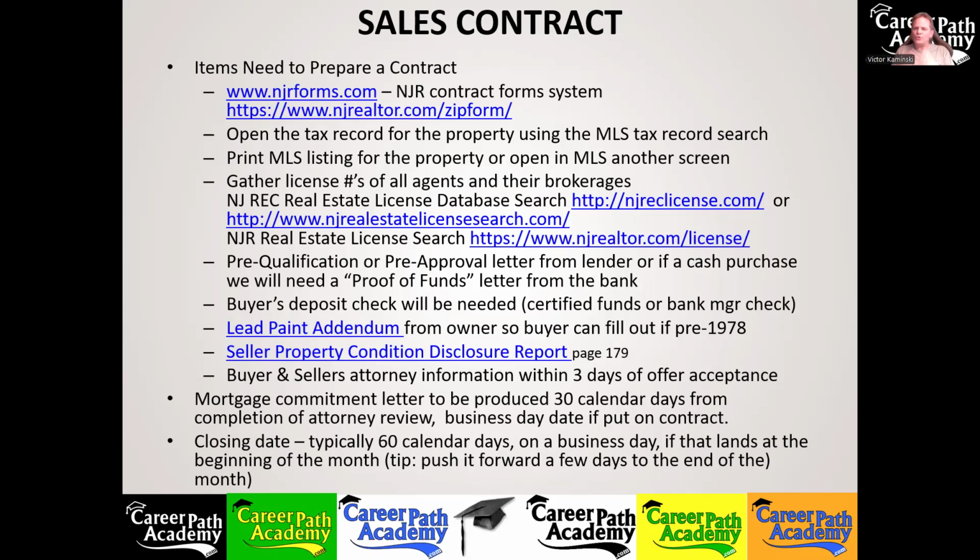Okay. So you do got a little leeway there. So if 60 days from the day you're writing this contract lands at the beginning of a month, push it forward a couple days to land at the end of a month, because then those lenders are going to want to push that contract through. They're going to have a little more flexibility on closing that loan.